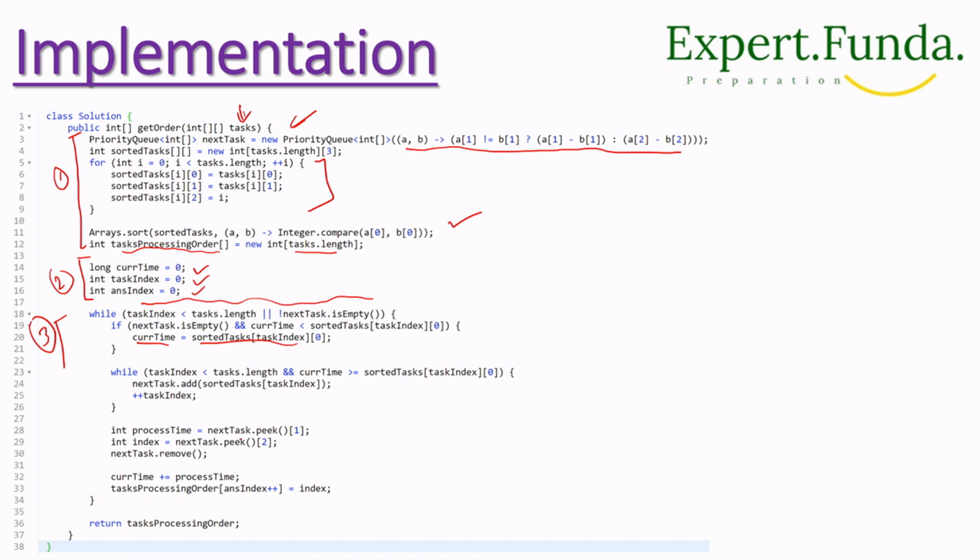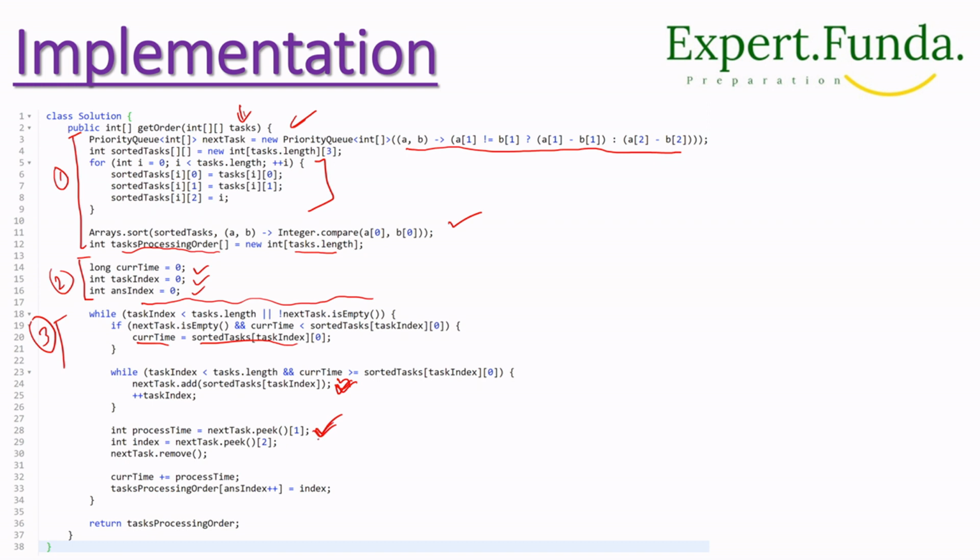And then we have to update the next task, right? Insert all the tasks here, those tasks whose enqueueTime is less than or equal to the current time, right? And then we have to pick up the topmost element of the min heap, increment the current time by its processing time, and then add it into the task processing order, right? So we'll pick the top element here.